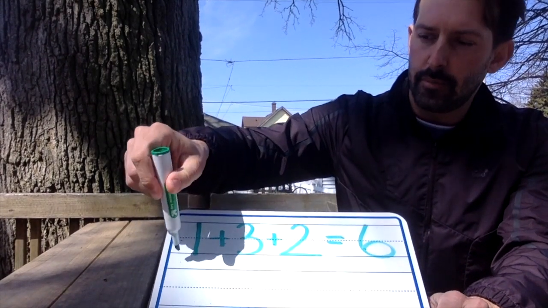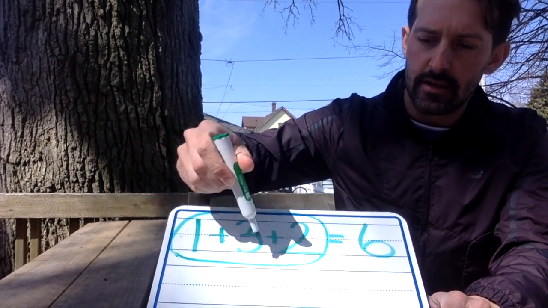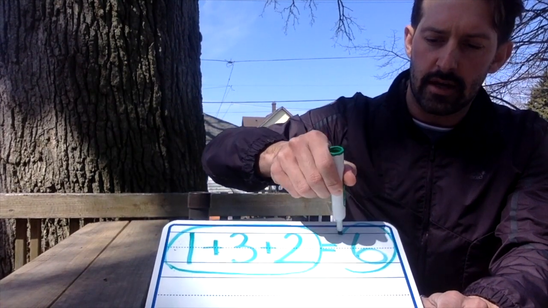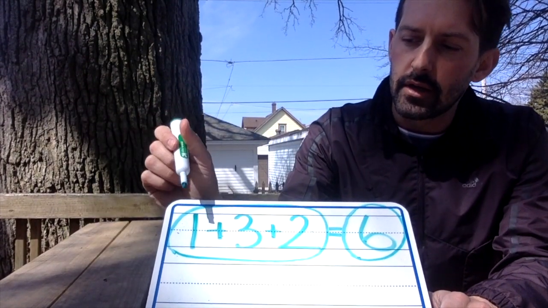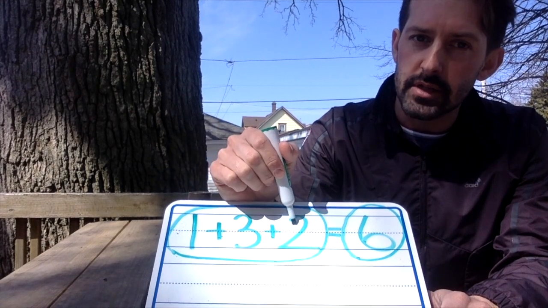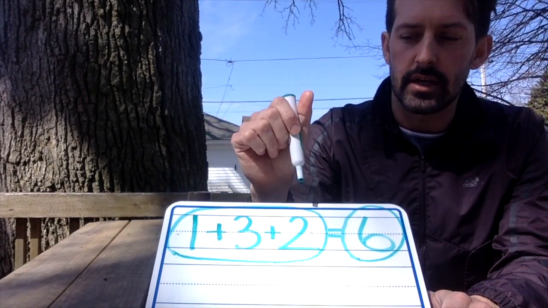So I'm going to compare everything on this side to everything on this side. I notice some combinations that can help me. I know that 1 plus 2 is 3, and 3 plus 3 is 6.